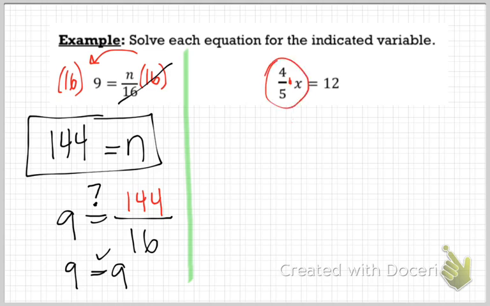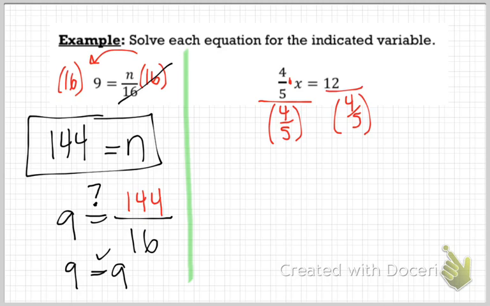Okay, these two are multiplying together. What is the inverse of multiplying? You divide. So we're going to divide by this ugly fraction. And I'm going to put it in parentheses to keep it together. So we know, oh, that whole fraction goes together.